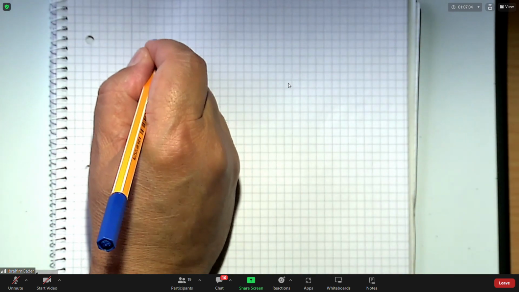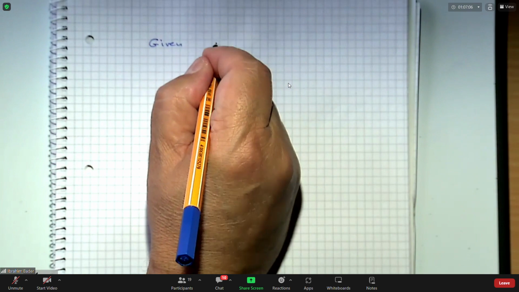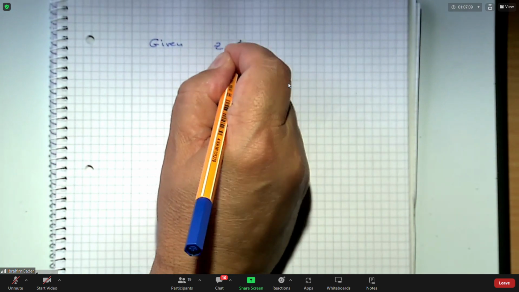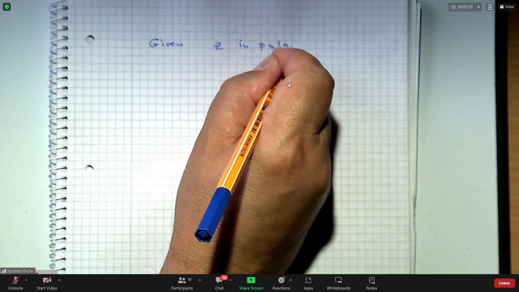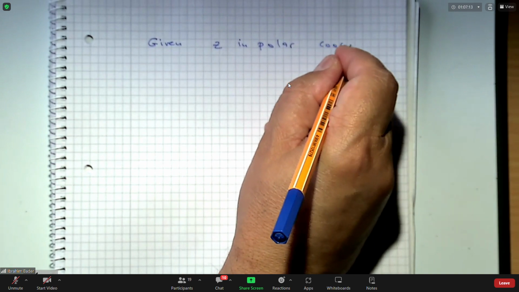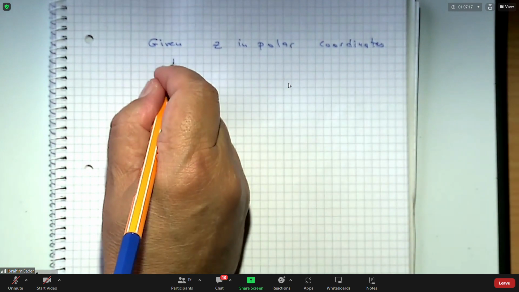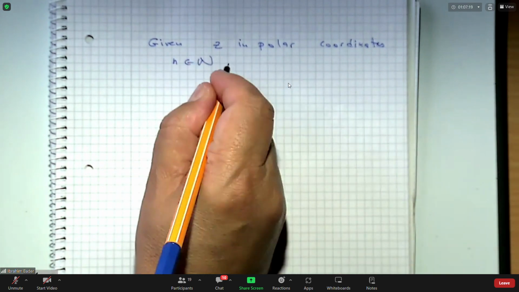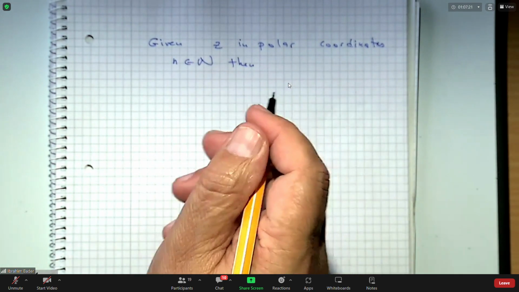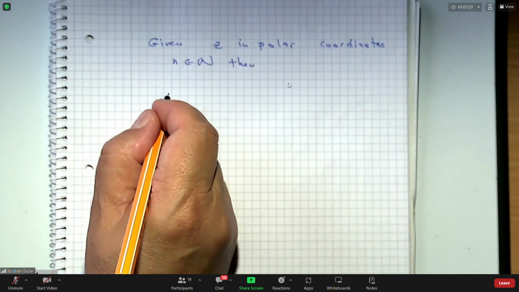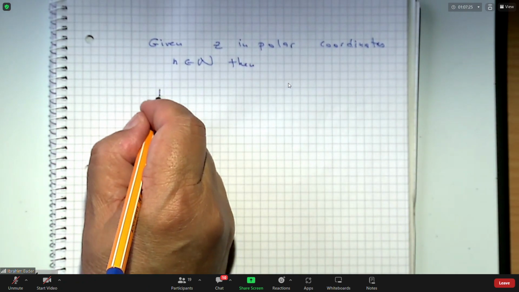Given z in polar coordinates, the n distinct nth roots of z are given by the following.